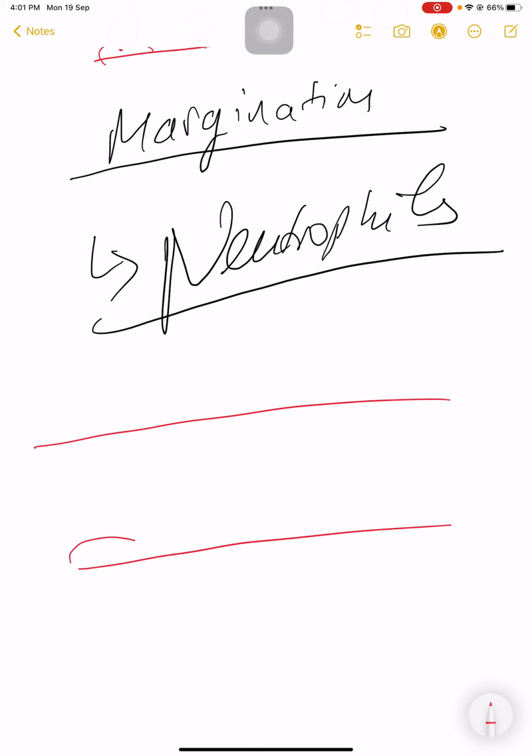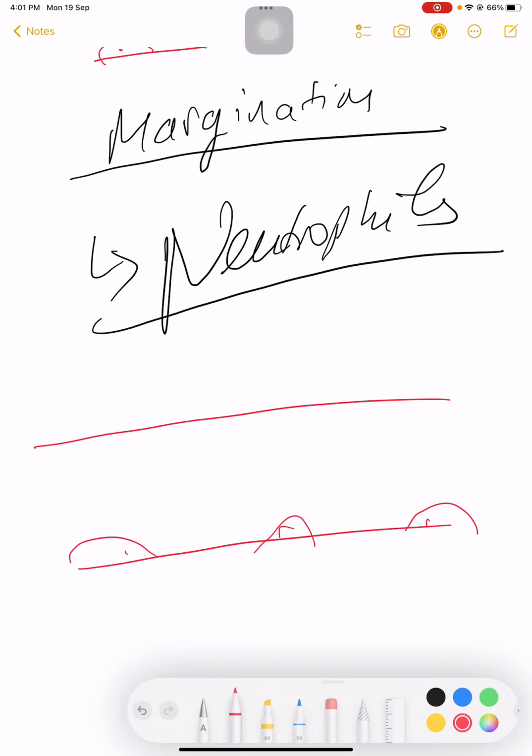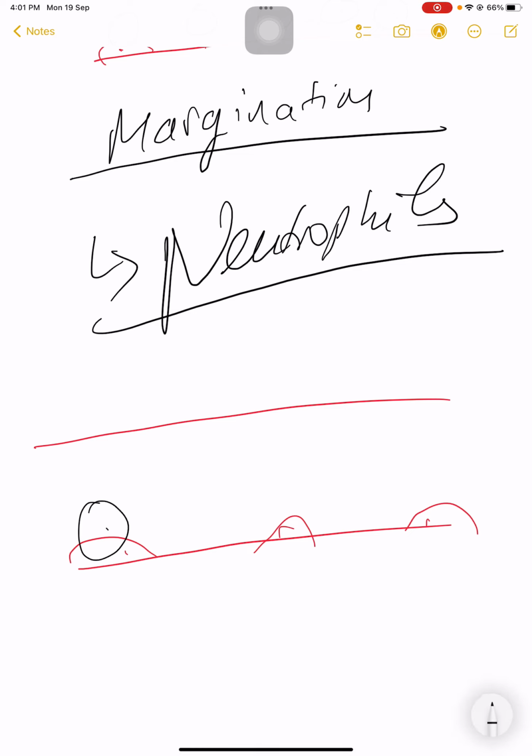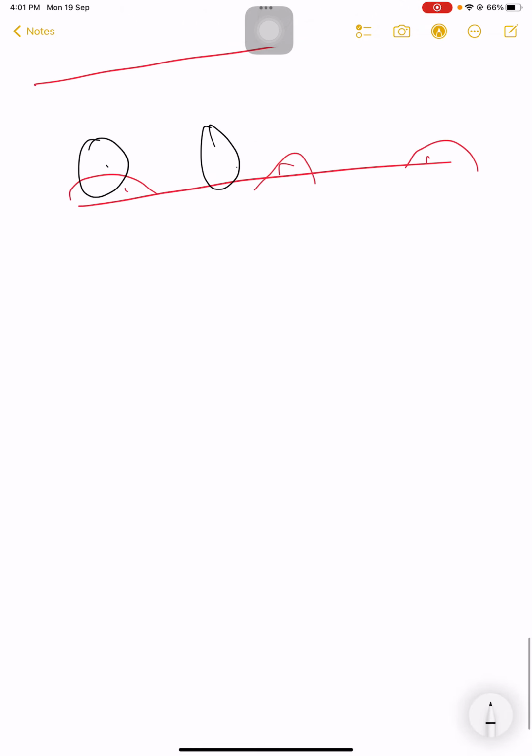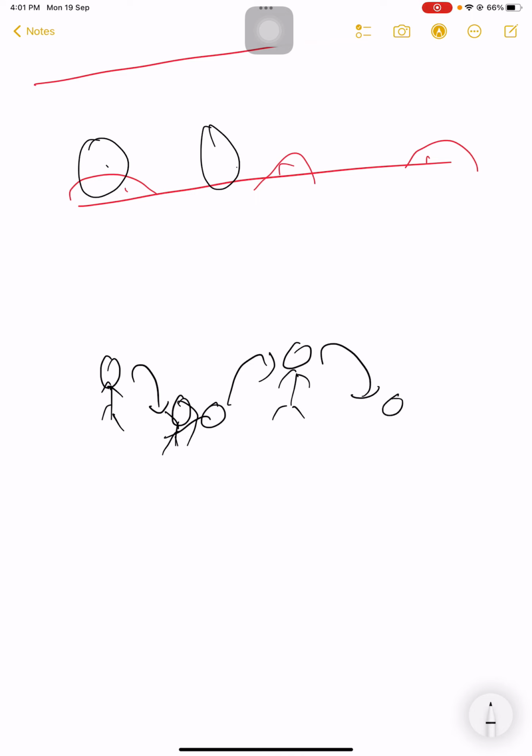So suppose this is your blood vessels, and then you had your WBCs over here. Now what happens is, actually, this is a man, he rolls down, he goes down, he sleeps over here, again wakes up, again goes down, sleeps over here, again stands up, and again goes down.